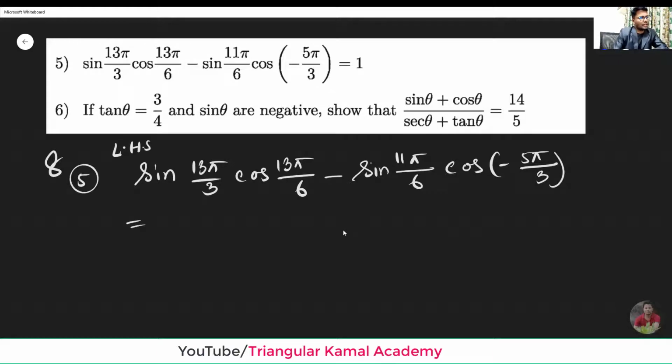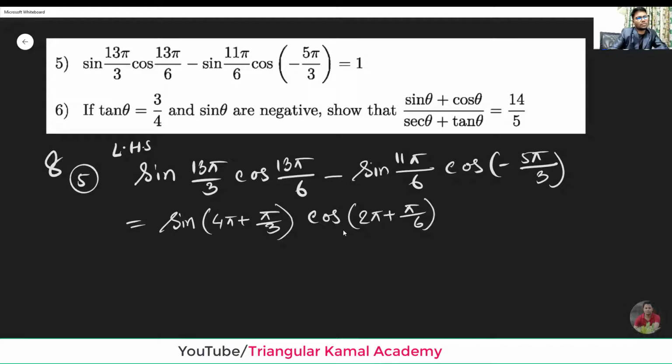Okay, if we do the calculation here, sine 13 pi by 3 is 4 times pi plus pi by 3. Cos 13 pi by 6 is 2 times 6, then 1 more: 2 pi plus pi by 6.